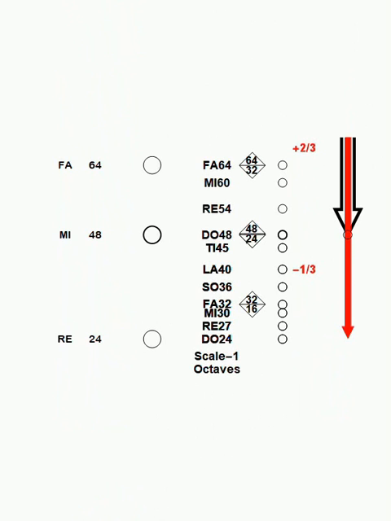As the force at Do 48 starts to go up towards Do 96, it has an initial upward impetus of 48 units. As it travels up, it loses force. By the time it has gone up 6 units to reach Re 54, its upward impetus has dropped to 42 units.